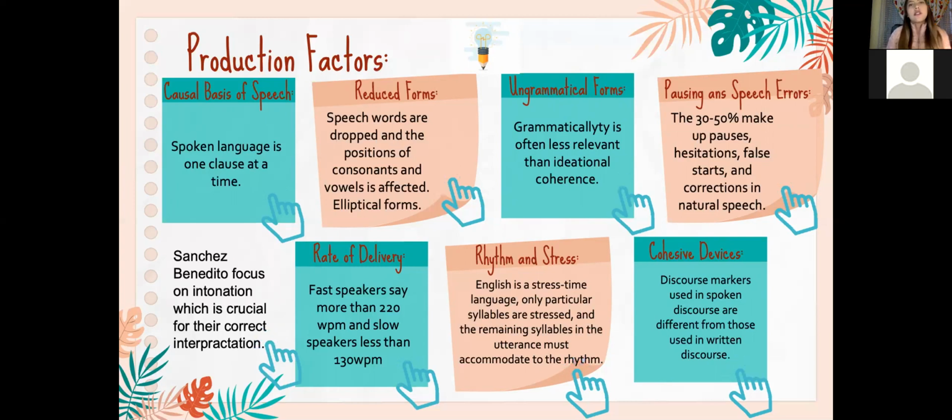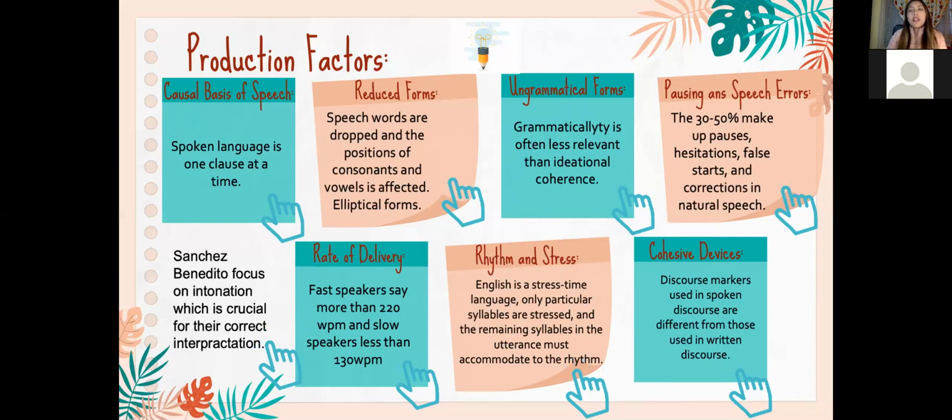Sanchez says that intonation is crucial. Why? Because according to how the speaker says the message, the listener could better understand the interaction or message that is mentioned in the interaction or the speaking.